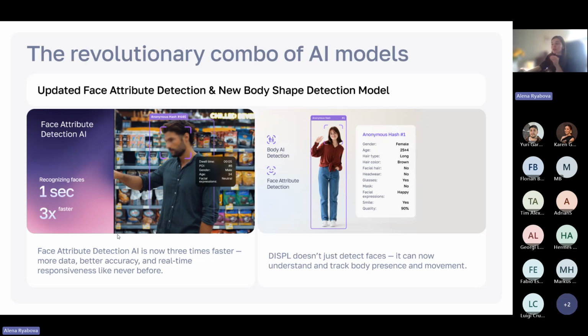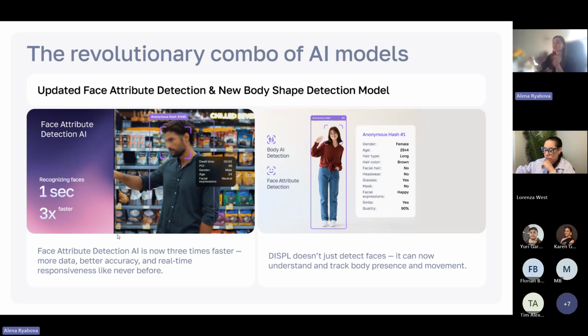The only way to get demographic characteristics, dwell time, engagement, and things like that is using face attribute detection. So the combination of two models makes video analytics more precise and gives you better value from your data that you can really use in order to make decisions.